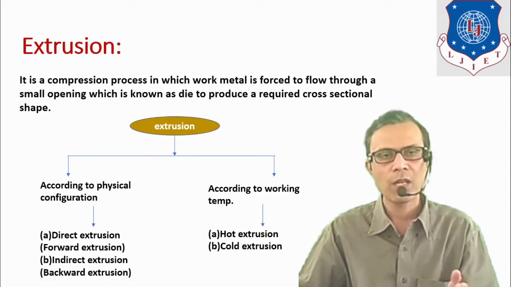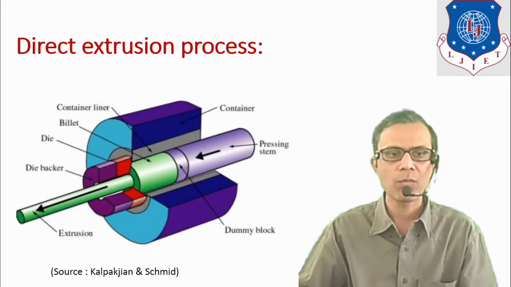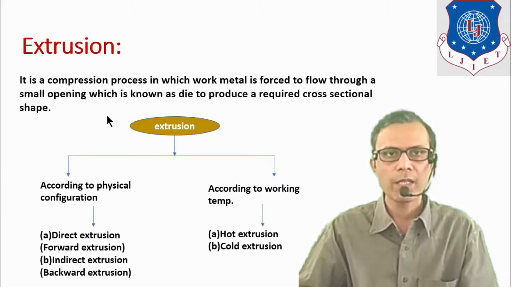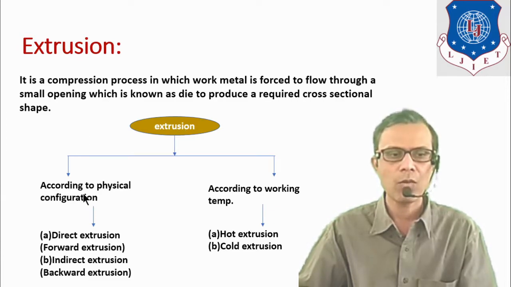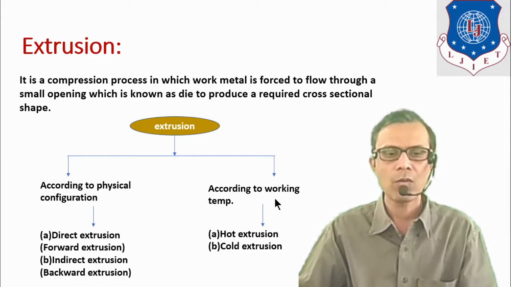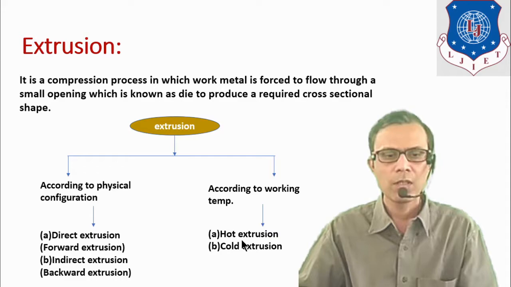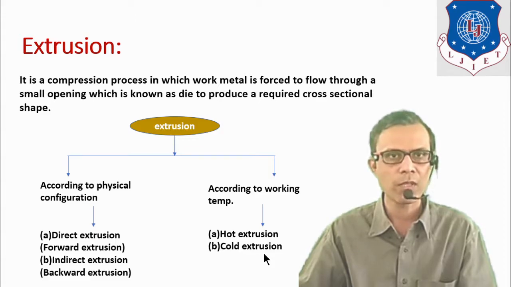Now let's see what are the types of extrusion process. Broadly, this process can be classified in two categories. First one is according to physical configuration and second one is according to working temperature. According to working temperature, there are two types: hot extrusion process and cold extrusion process.